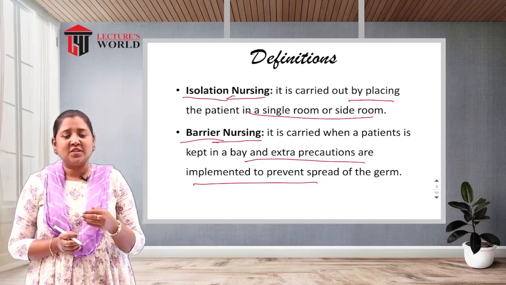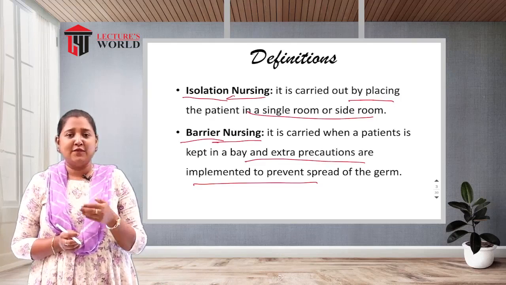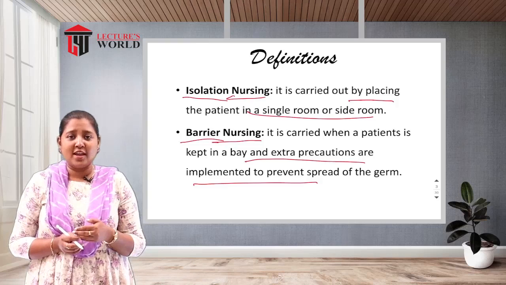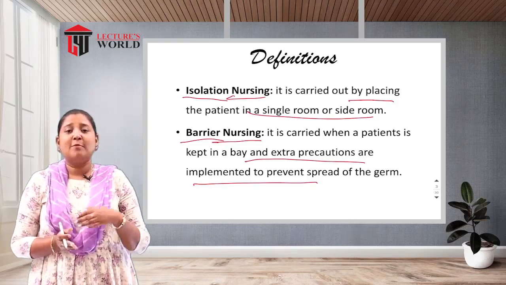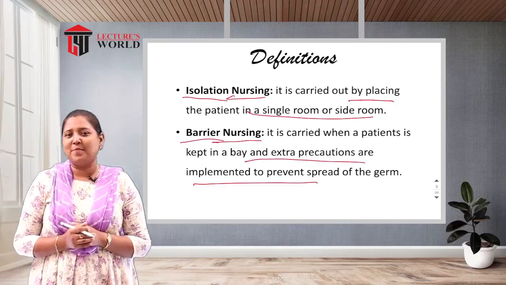So any steps a medical or nursing staff member takes to prevent infection or the spread of microorganisms that cause infections from one person to another, by using strict rules or techniques, is called barrier nursing.